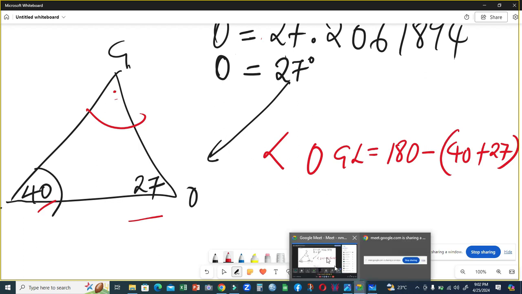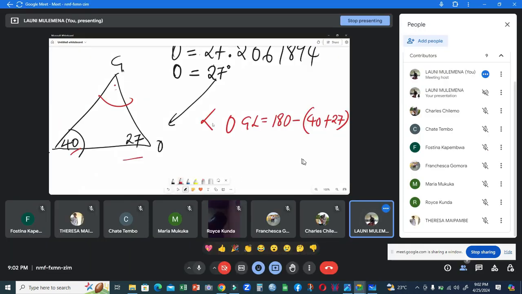Is there anyone who is behind what I've explained? This question was a little bit tricky because you're not supposed to just go there. You need to think which way am I going to use to arrive at my final answer.